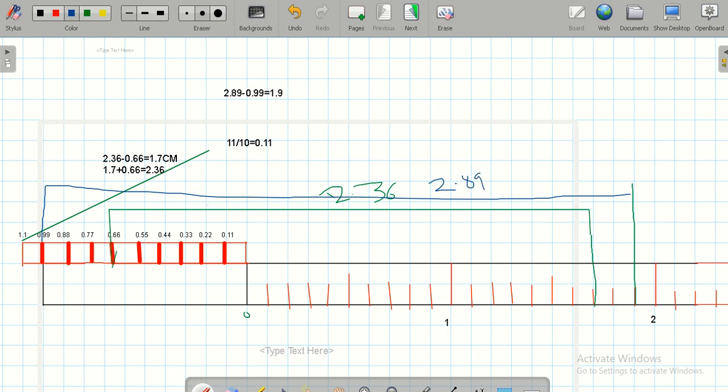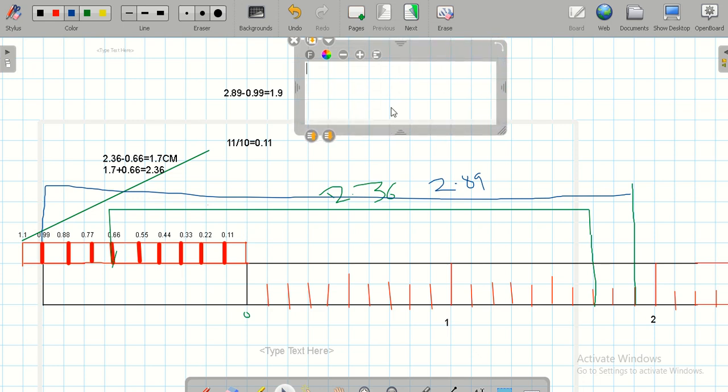I will ask you. Suppose I have been asked 3.26. Can you measure it? I am very sure that now you can measure it. So what you have to do, just subtract 0.66.